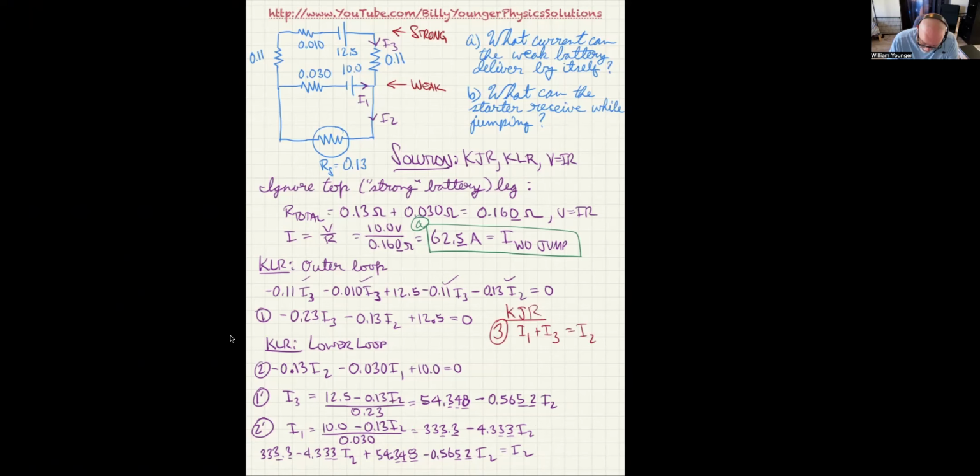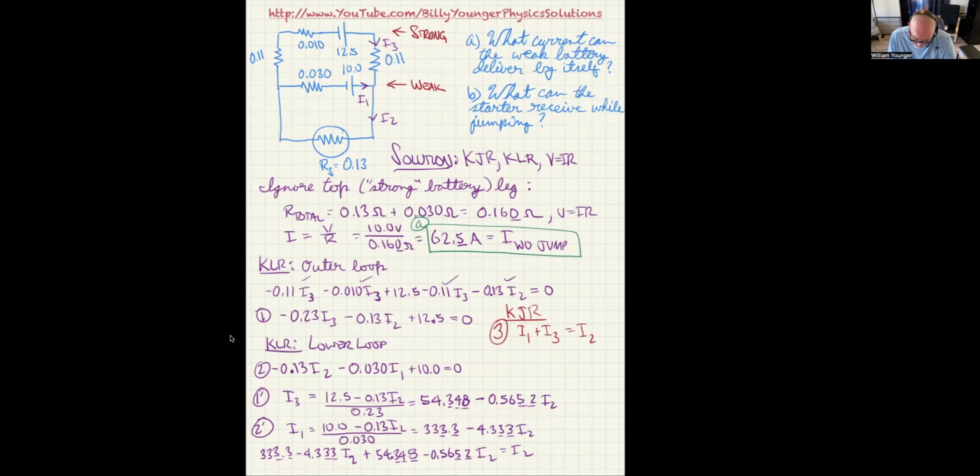So if I take the I1 that I found from equation 2 prime and put it in this spot right here, then I would get specifically 333.3 minus 4.3333 times I2, exactly what I have, plus I3, which was 54.348 minus 0.5652 I2.